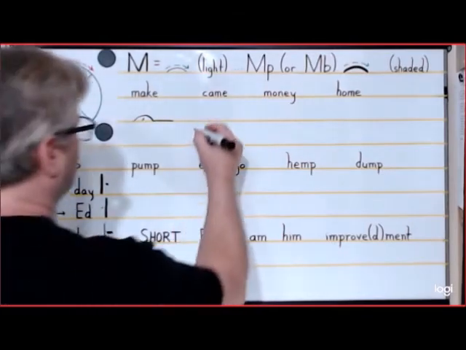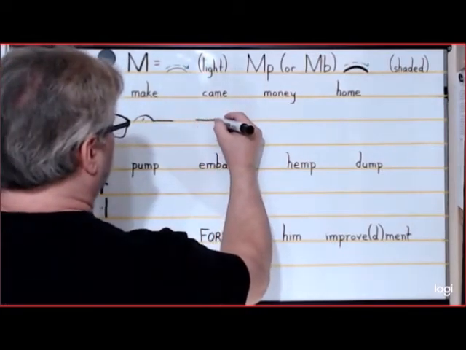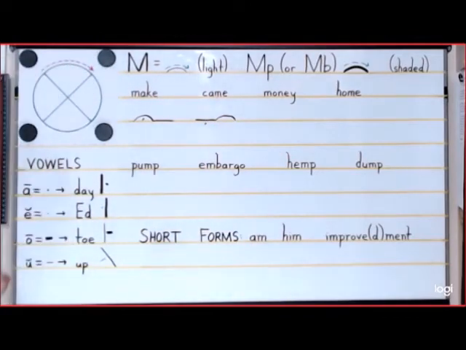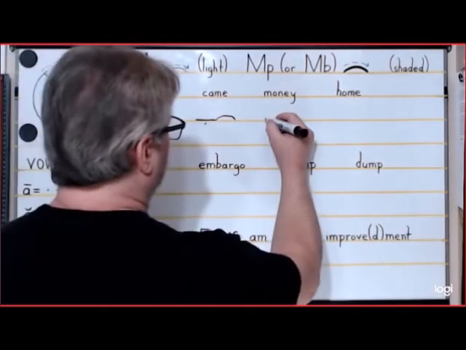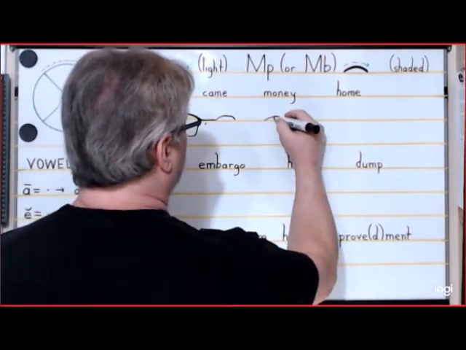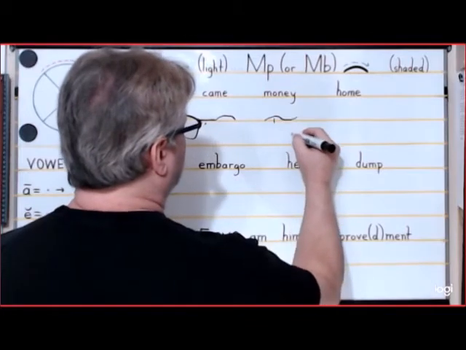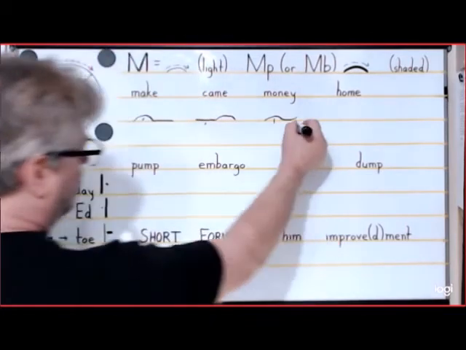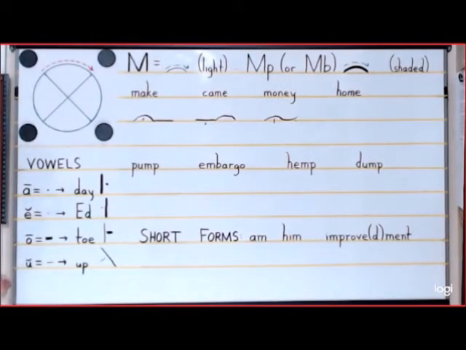For the word came, it is K, M, again with a heavy dot. The word money is M, N, with a light dash and then a light dot here in the third position or near the end of the N.